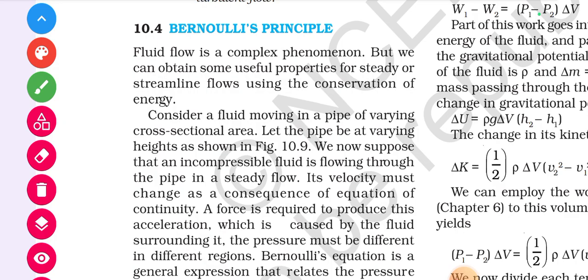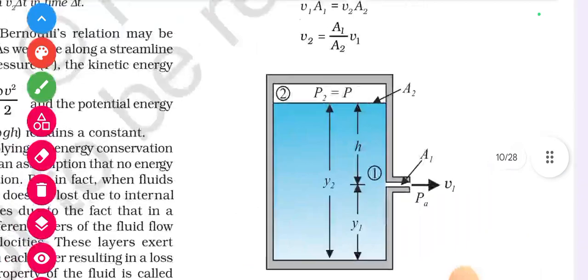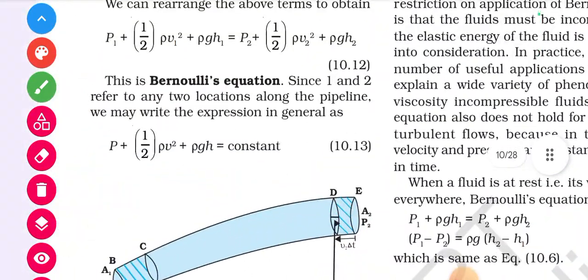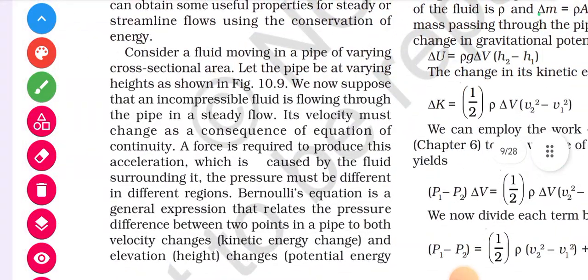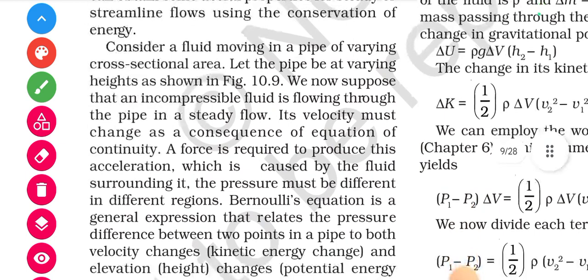There are certain assumptions that we have taken to prove this, which we'll talk about later. The fluid has to be incompressible, it cannot be compressed, and it's flowing through the pipe in a steady flow. Its velocity must change as a consequence of the equation of continuity.